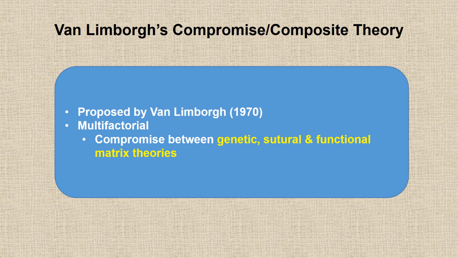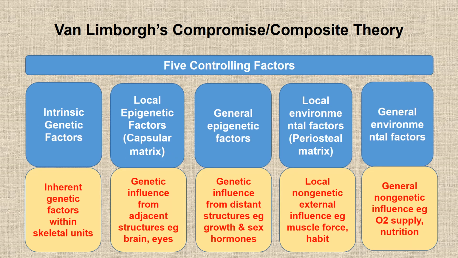So he made a compromise between the three different theories. Now, in the composite theory, the control for growth can be divided into five different groups.